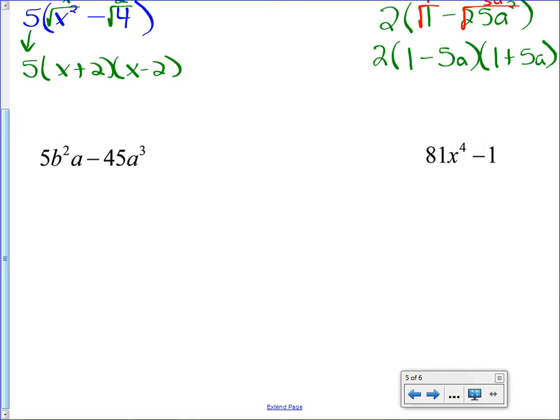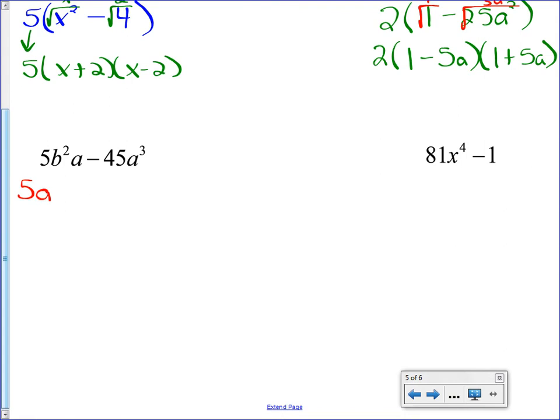So what do you notice that I can do here about that cubed? A 1a, right? Okay, so I'm going to factor out, and then I can also factor out a 5.